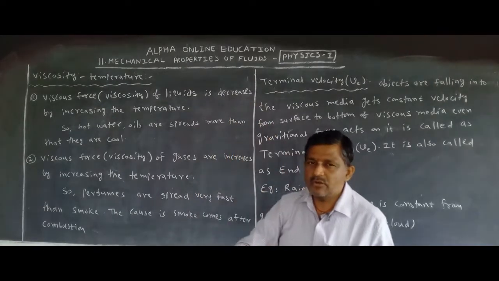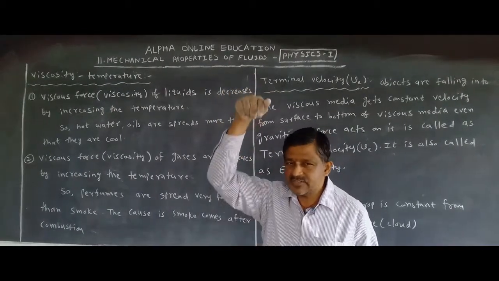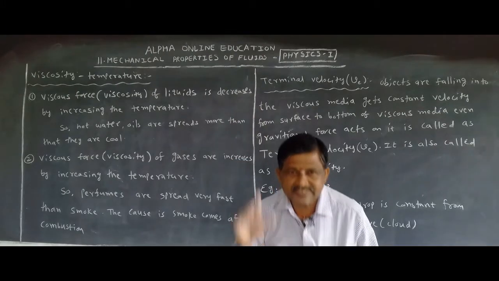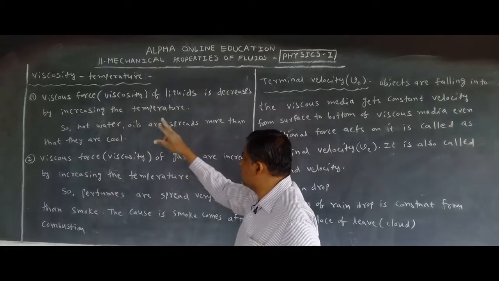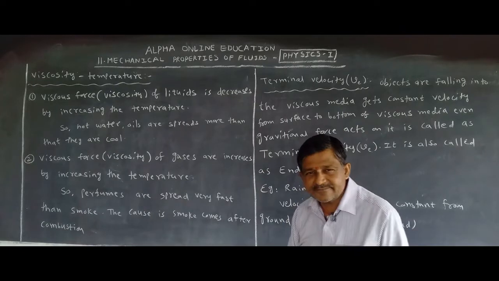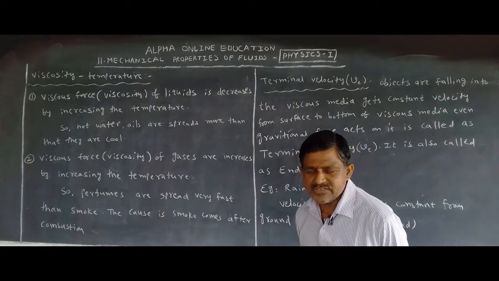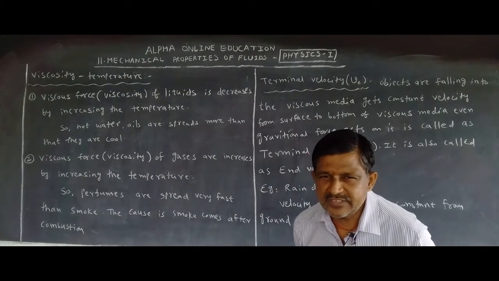The viscous force increases from the surface to the lower levels. Viscosity of liquids decreases by increasing the temperature. Means temperature increases, viscous force of the liquids what happens?